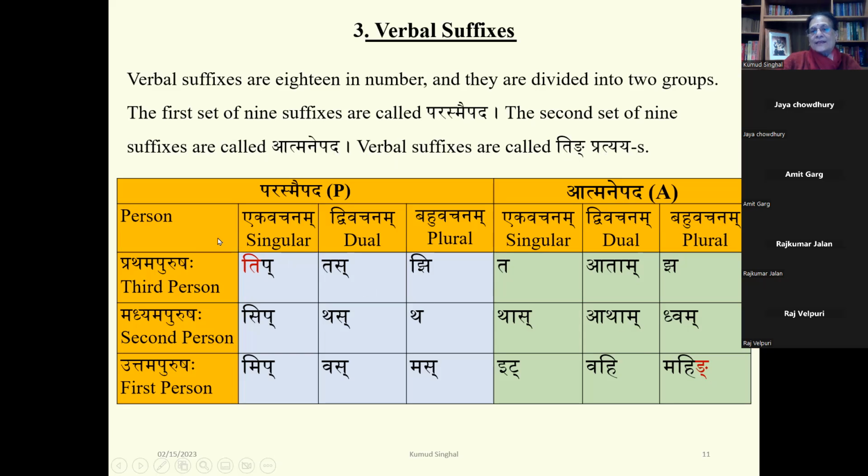So ting, that's why it is called ting pratyayas. For the nam padam, they were called sup, and for the verbal suffixes, they are called ting. So these are the 9 parasmaipadi suffixes, and these are the 9 atmanepadi suffixes.